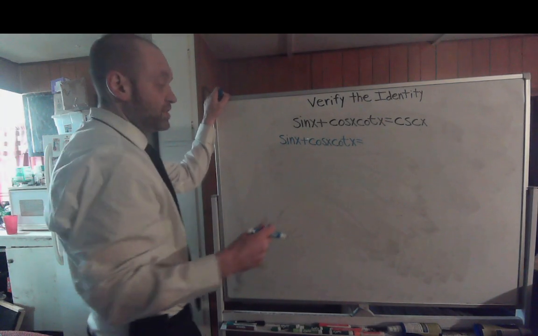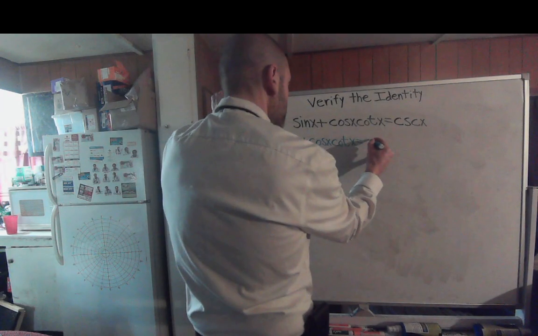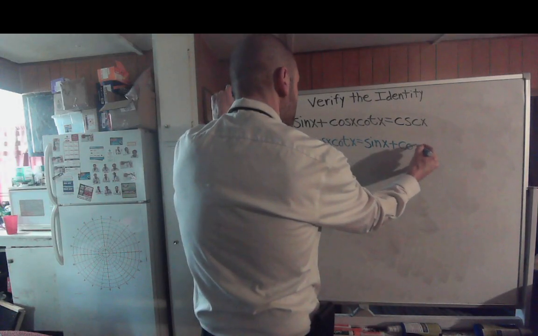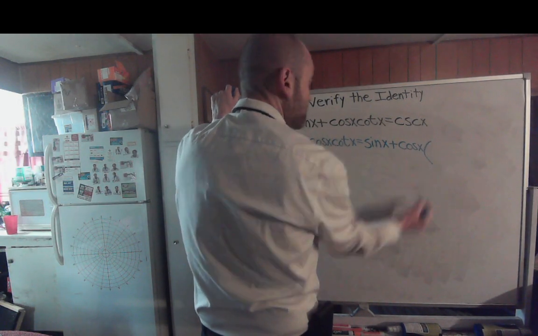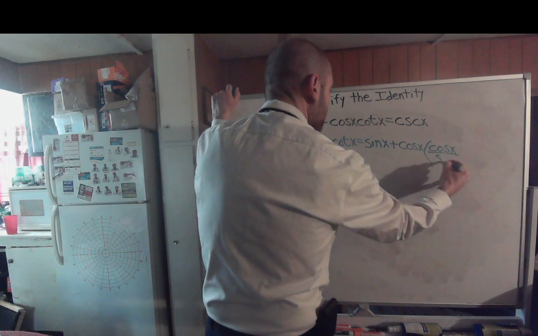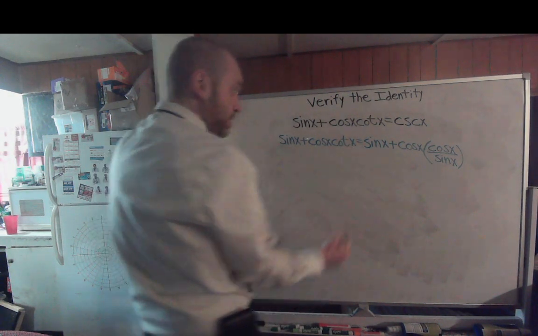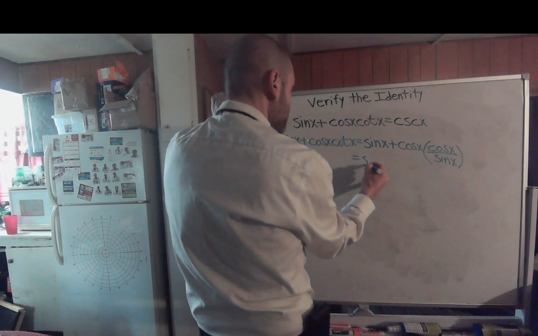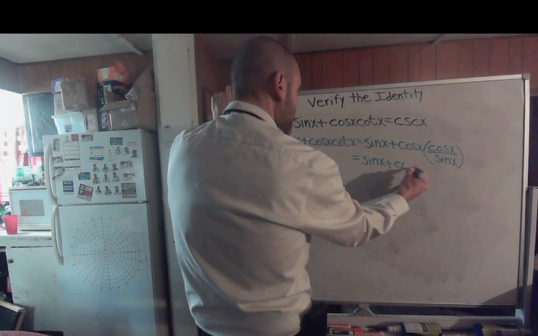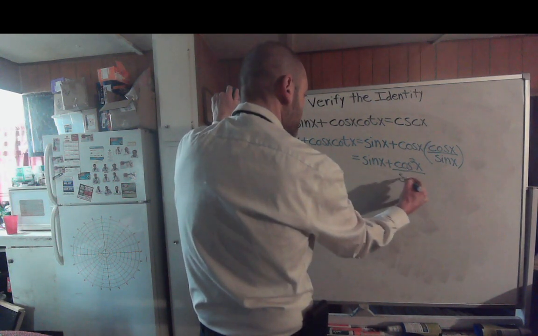Now, we can definitely simplify cotangent, or we can express it differently. This would turn into the sine of x plus the cosine of x times the cosine of x all over the sine of x. Well, what you have now is the sine of x plus the cosine squared of x all over the sine of x.